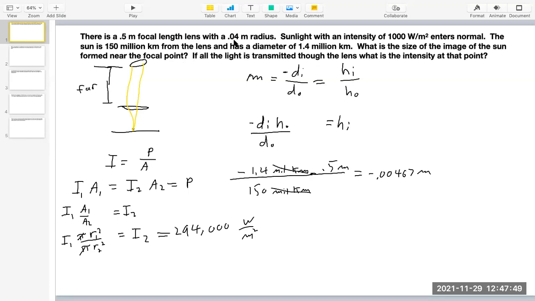I saw the 150 million kilometers and I was like, oh, that's the size of the mirror. That's the radius. That's like a huge, incomprehensibly large mirror. Yes, that would be an Earth's orbit size mirror, which would be expensive.